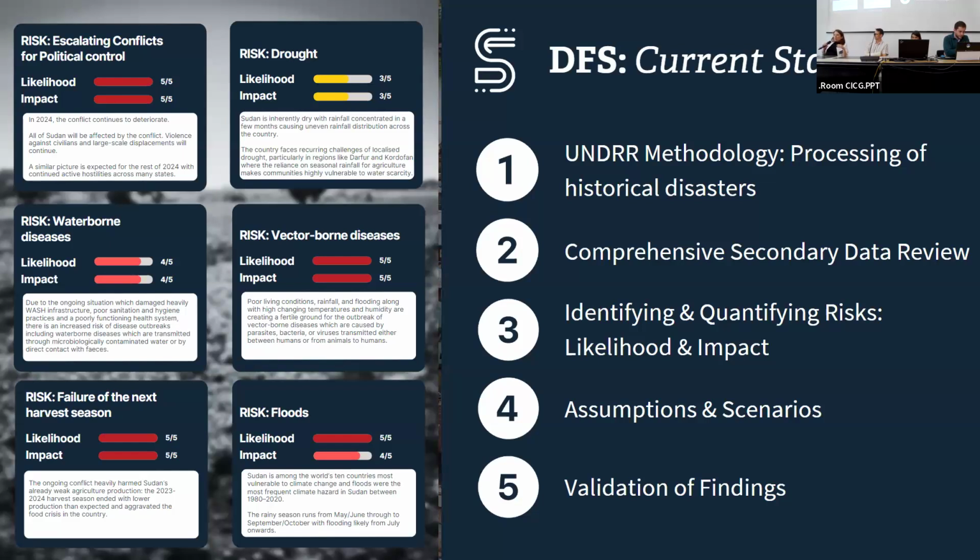And as you may know, UNDRR has helped lots of countries to build their drafts for the HNO, Humanitarian Needs Overview, or CCA, Common Country Assessments, risk parts and sections. And they usually use the JIAF, Joint Intersectoral Analysis Framework, to do this risk analysis. So that's what we do also at DFS.